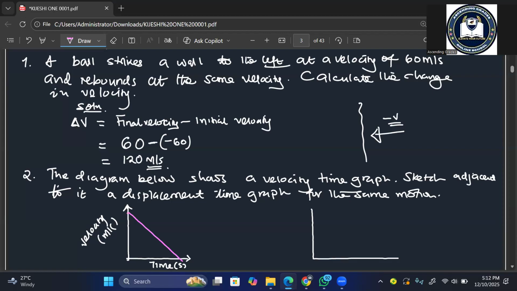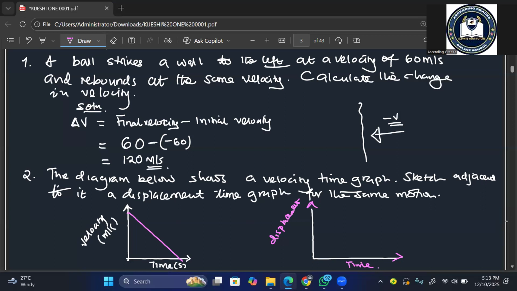Then now we are supposed to give a second graph, which is of displacement against time.